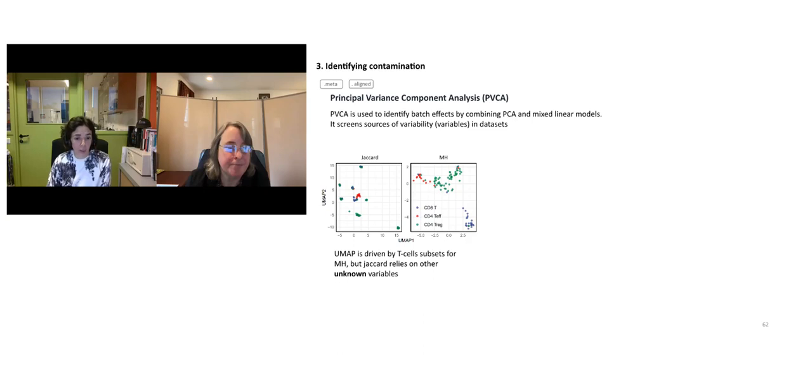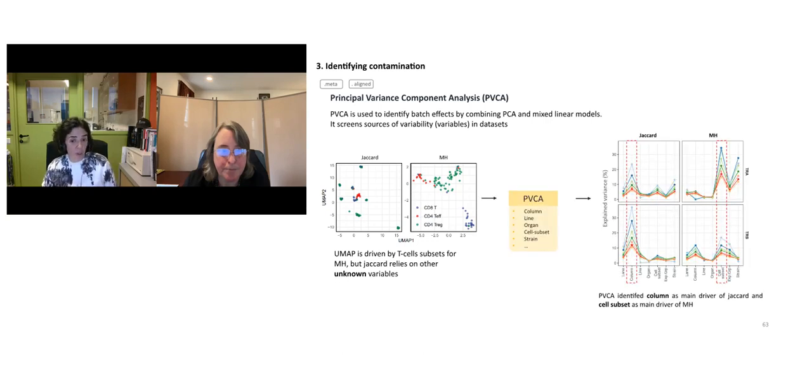One thing that we propose is to use principal variance component analysis, which is a way to identify batch effects. It combines principal component analysis with mixed linear models. This is a way to integrate your variable, which is the TCR, BCR variable repertoire. That can be a V-gene usage, a clonality, or a similarity between samples. So it can be anything you are interested in, together with other types of variables, which correspond to your workflow and pipeline.